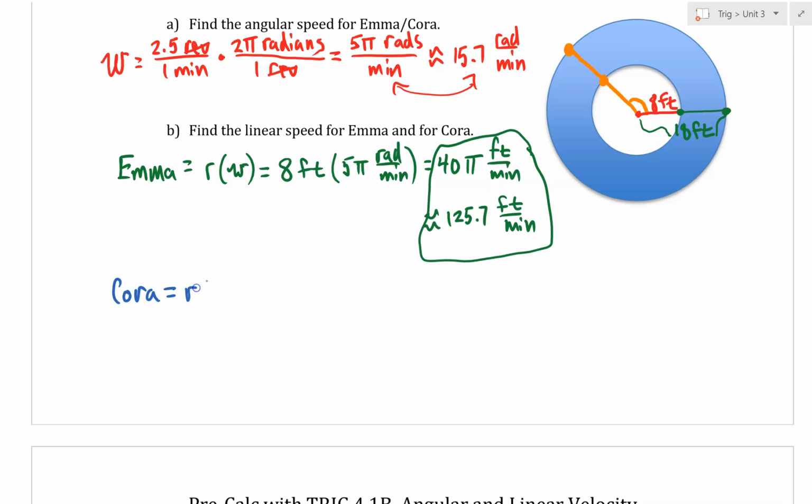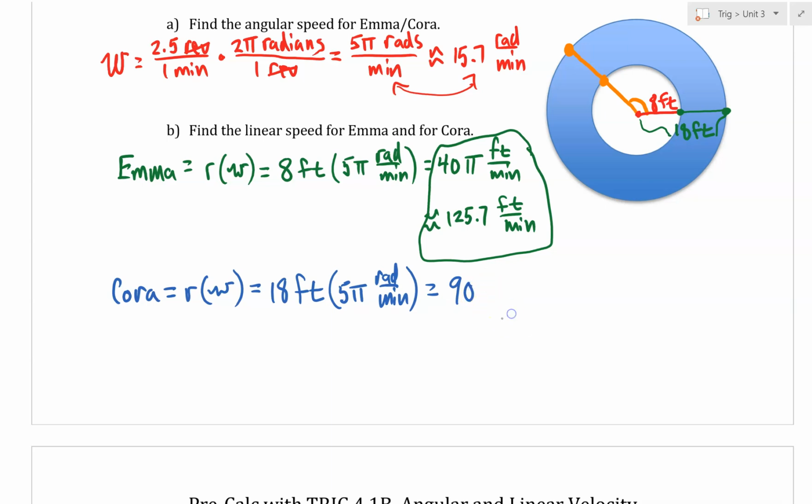For Cora, well, it's still r times the omega. And then this one, it would be 18 feet times 5 pi rads per minute. 18 times that is going to be 90.